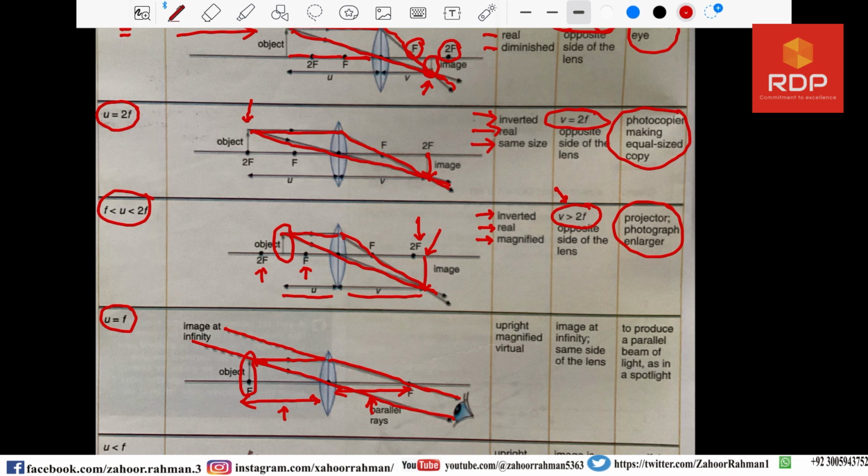Now that will be upright in this. This is not inverted. It will be magnified, because this will be small and this will be very large at a large distance, and that is virtual. Now you must understand what a virtual image is, because if we place a screen at the image position, we will not be able to see that image, because it is virtual, it is not real.